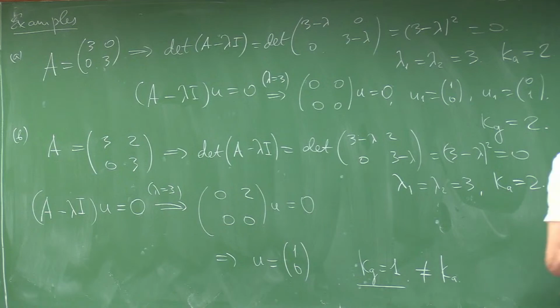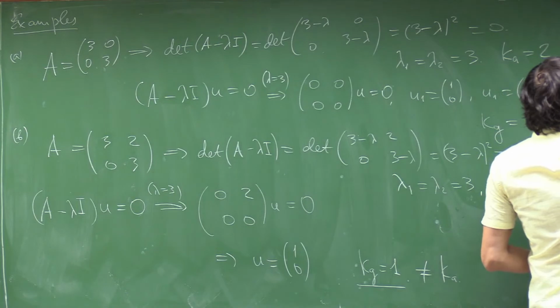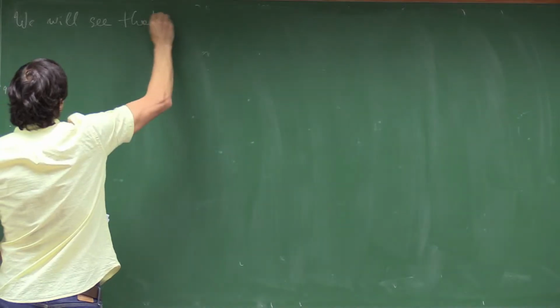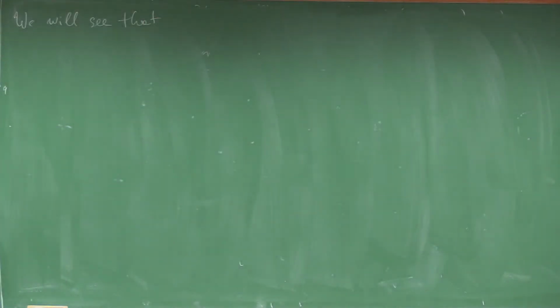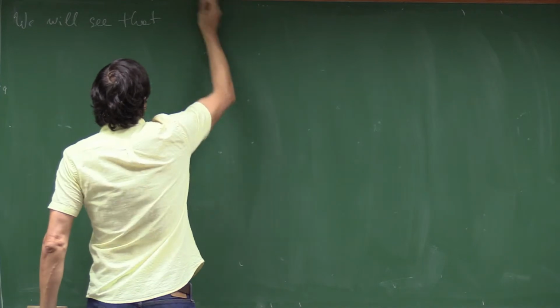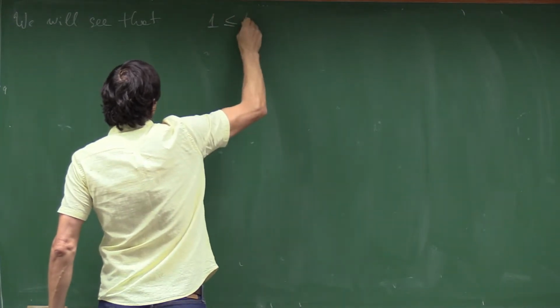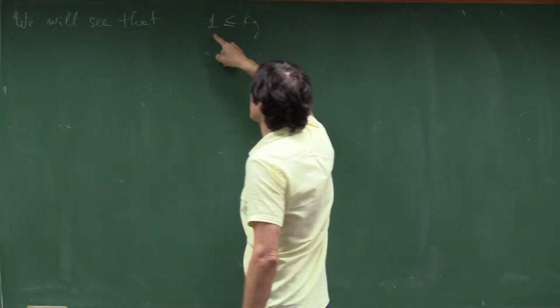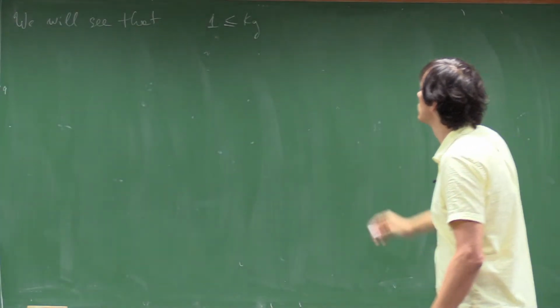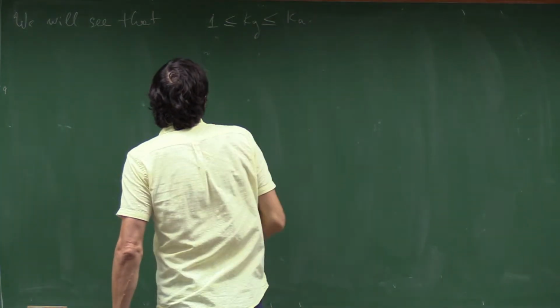So what we will see in a theorem that I will formulate later, first of all, is that geometric multiplicity is always bigger or equal than 1, because one eigenvector you can always find. But it's smaller or equal than algebraic multiplicity.